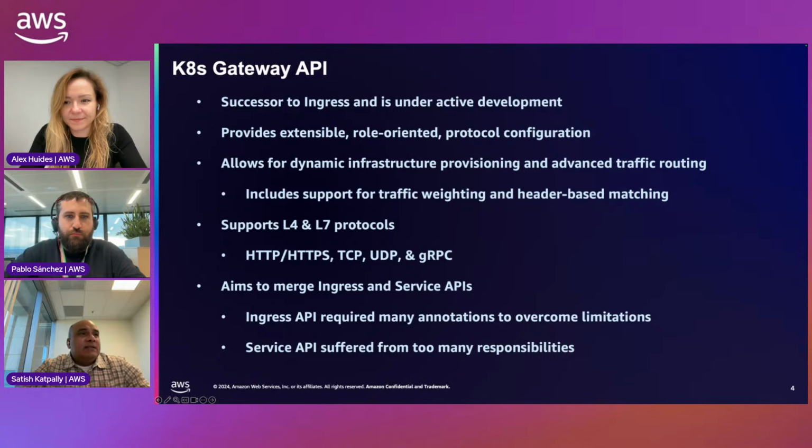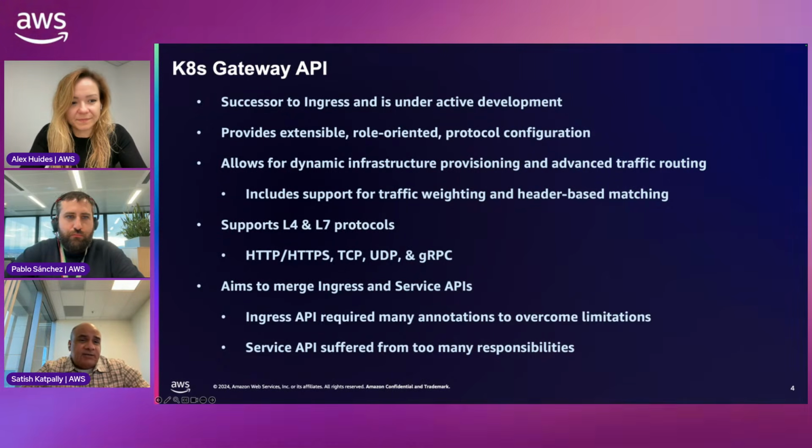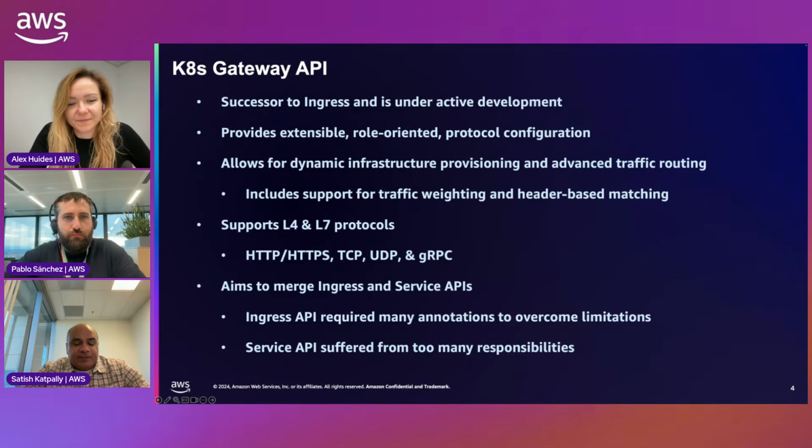And what is the Gateway API from the Kubernetes side itself? It's a successor to Ingress. It's under active development. That means there's still some experimental stuff that they've defined, and we're adding support to it. The goal was to provide a very extensible, role-oriented protocol configuration. For those familiar with the Ingress APIs, other than the HTTP route, for any multi-protocol support you have to build a bunch of CRDs, and anything around auth policies or multi-cluster deployments, you have to build on your own with different CRDs.